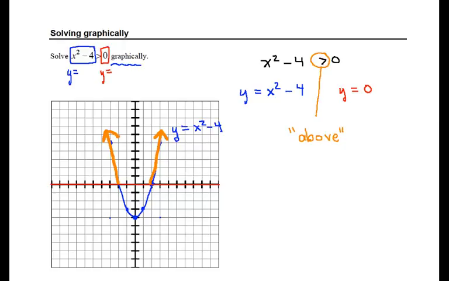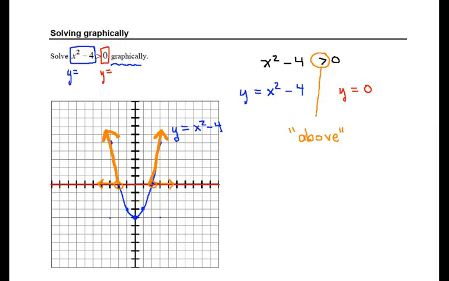So if I want to translate that into a set of x values, it looks like along the x-axis, that's going to be from 2 to the right and from -2 to the left. I'm drawing these with open circles because of the strict inequality.